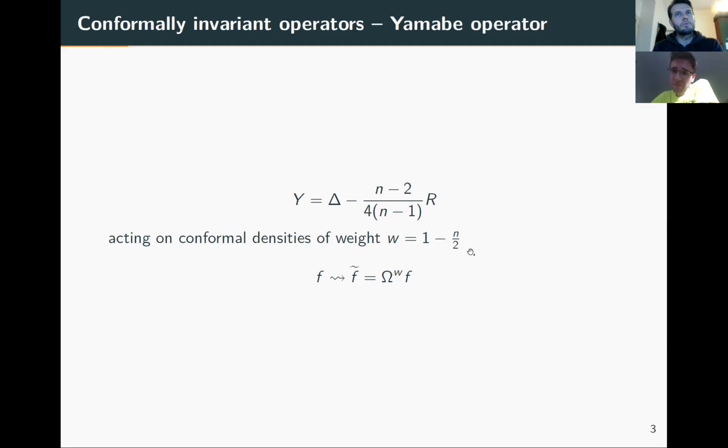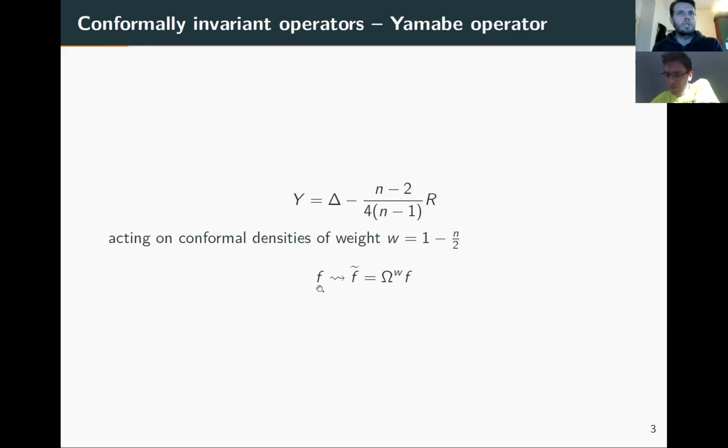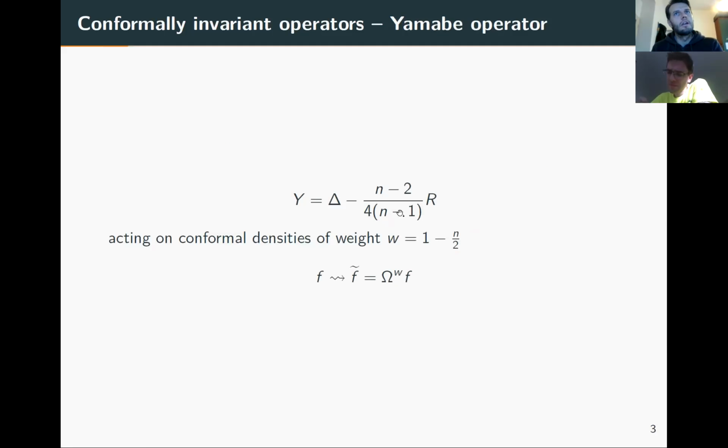What it means is that when you change the metric by ω squared, you also change the function by ω to some power. For this particular power, if you recalculate your Laplace-Beltrami operator with respect to g tilde, take the scalar curvature with respect to g tilde, and multiply f by this scaling factor to this power, you obtain the same expression.